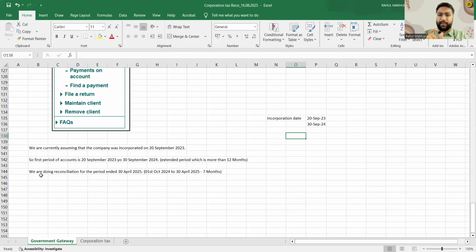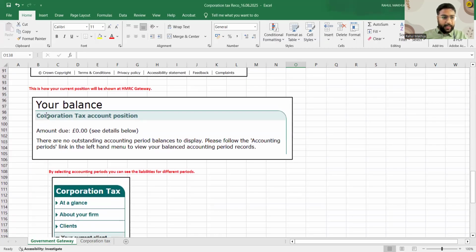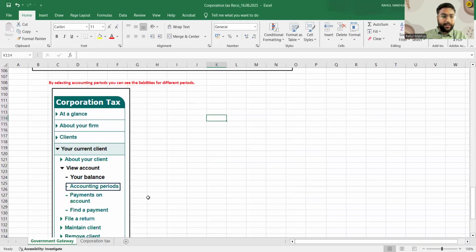We are assuming a certain amount of our opening liability as well. This is the current situation which was showing, and by going to accounting periods, we can select different accounting periods also. So moving forward to our corporation tax control account and our current corporation tax liability.